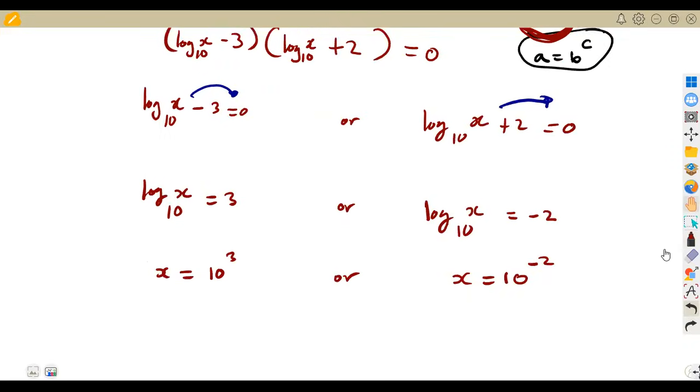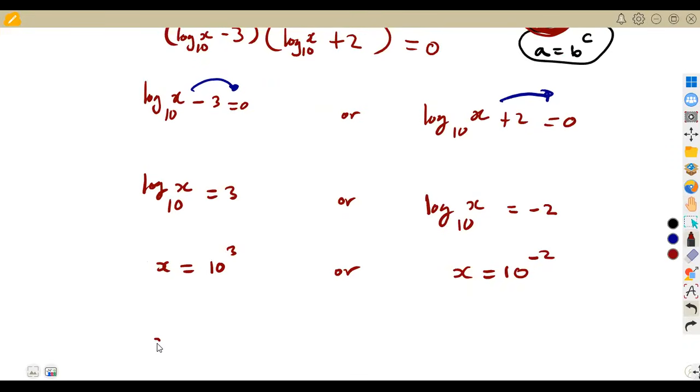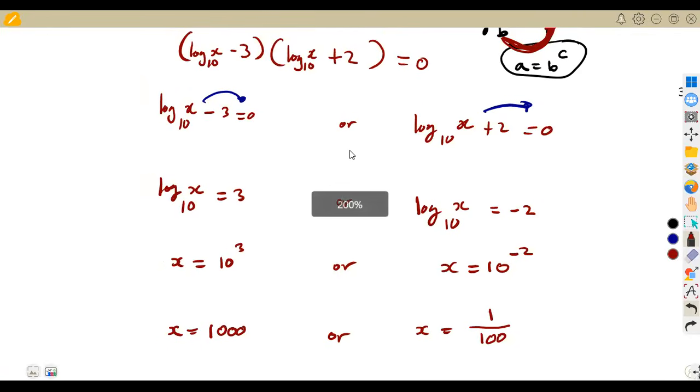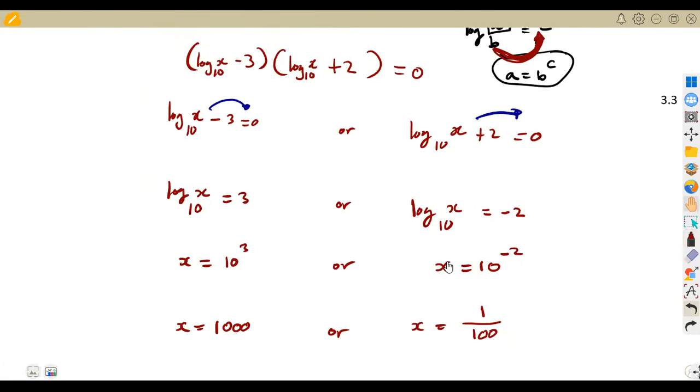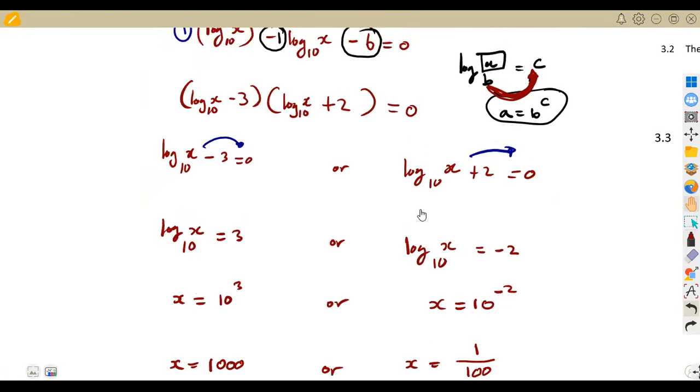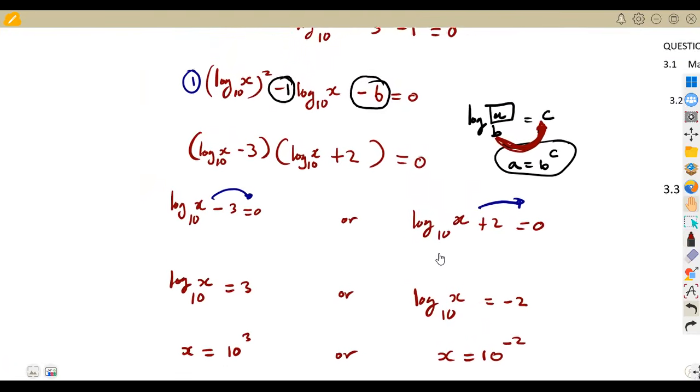Once you're at that stage, you can even use a calculator if you want. 10 to the exponent of 3 is 1,000, or x is going to be 10 to the exponent of -2, which is 1 over 10 to the exponent of 2, which is 1 over 100. So these are the x values we expect from this logarithm that we are given. That is how we were supposed to solve this equation.